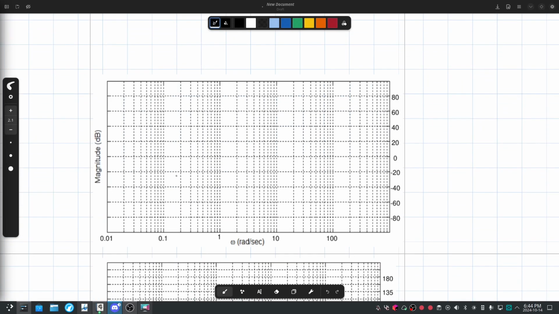So Bode plots work on a logarithmic graph. If you look here, you'll see this is 0.01, this is 0.1, this is 1, this is 10, this is 100. It doesn't increase linearly, it increases exponentially. And each one of these points here represents 1/10 of the way there. So this would be 0.2, 0.3, and so on up to 0.9.